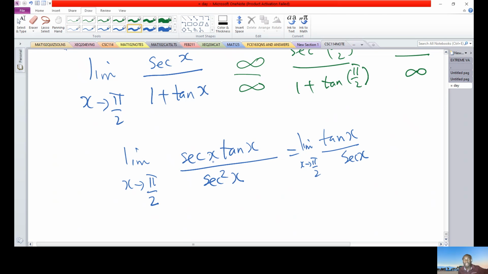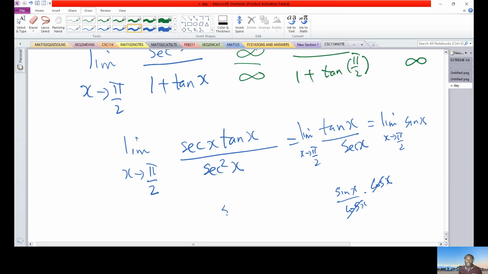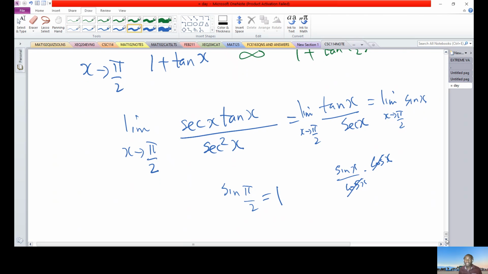Remember, tan is sine x over cos x, and 1 over sec x is cos x, so the cos terms cancel out. So this is the same as the limit as x approaches pi over 2 of just sine x. With direct substitution, we have sine of pi over 2, which is just 1. Sine of 90 degrees is just 1.